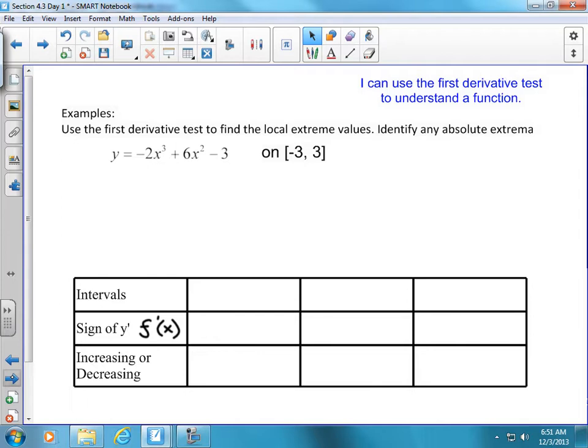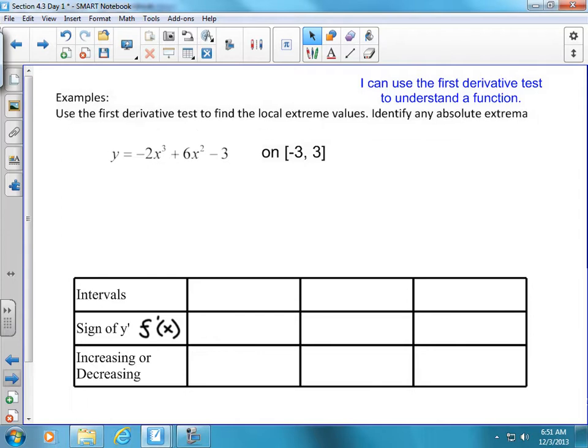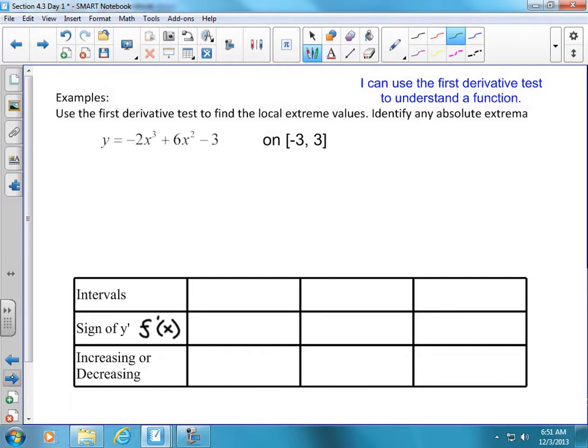Okay, so let's use this first derivative test to figure out local extreme values. First thing we're going to do is take the derivative of y. We have negative 6x squared plus 12x. Second thing we want to do, we're going from negative 3 to positive 3. Let's figure out where this equals 0.